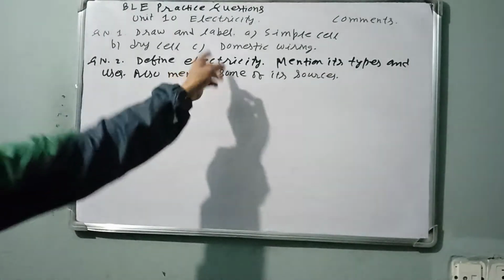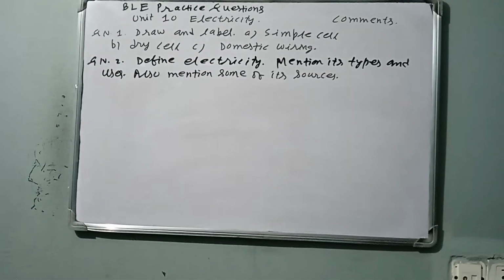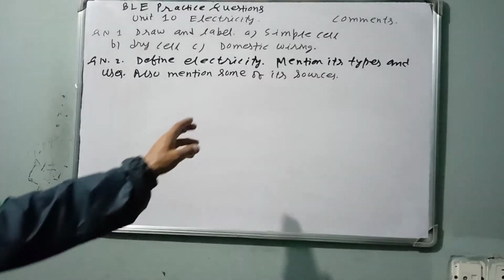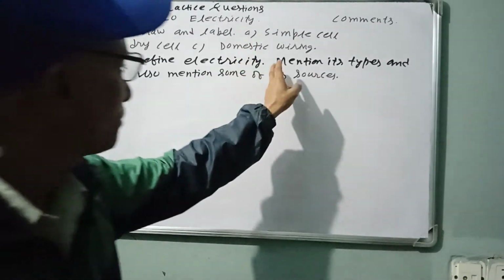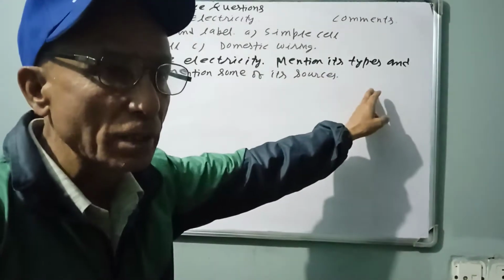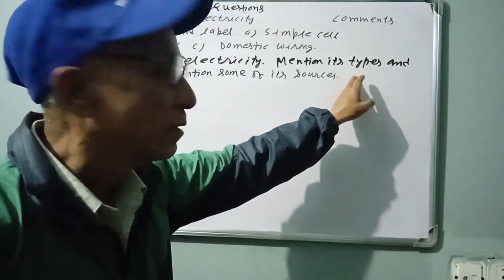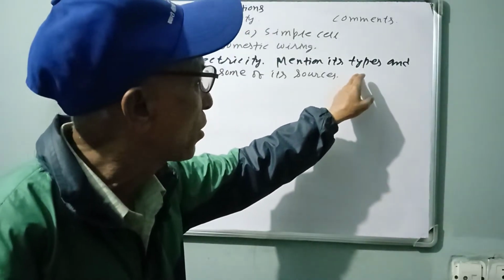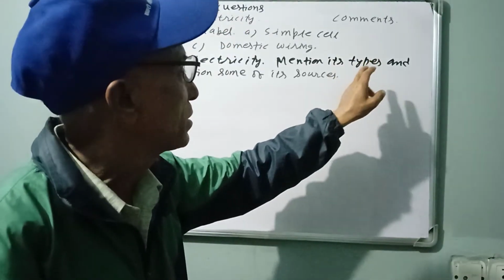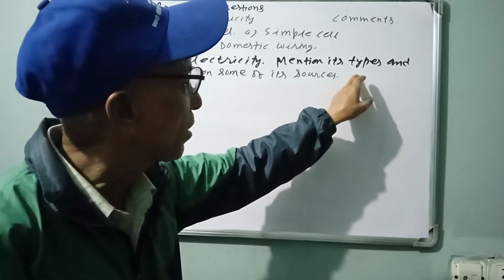Define electricity. The word electricity comes from the word electron. It is the flow of electrons along conductors. There are two types of electricity. Number 1, static or frictional electricity, which does not move; it is produced by friction or rubbing.